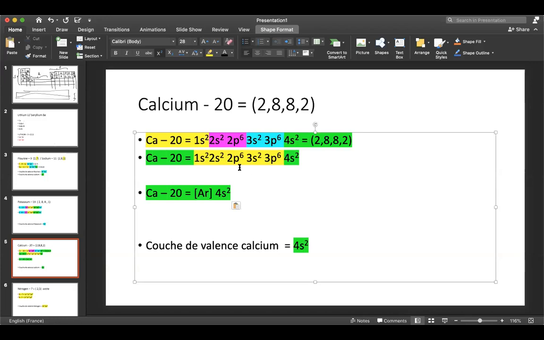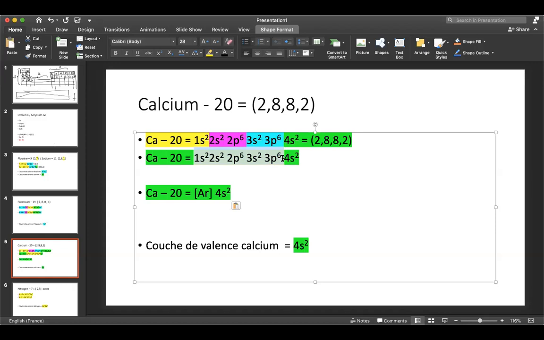Then we know that if it occupies the maximum number of electrons, it has obeyed the octet rule, and the only elements on the periodic table that obey the octet rule are the noble gases. Noble gases are the only ones that satisfy the octet rule.